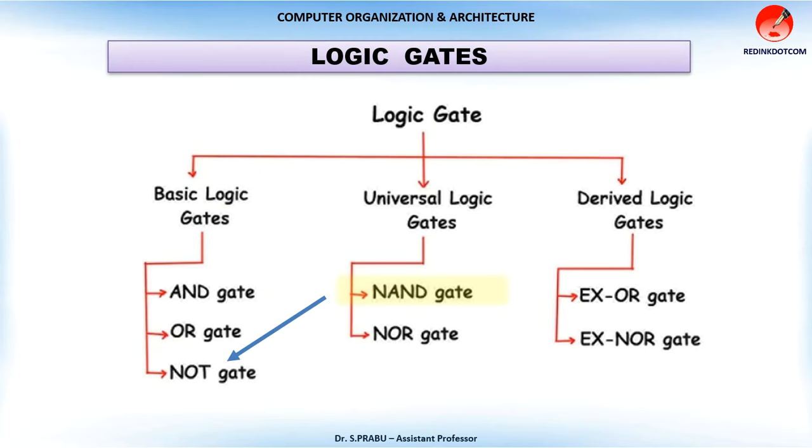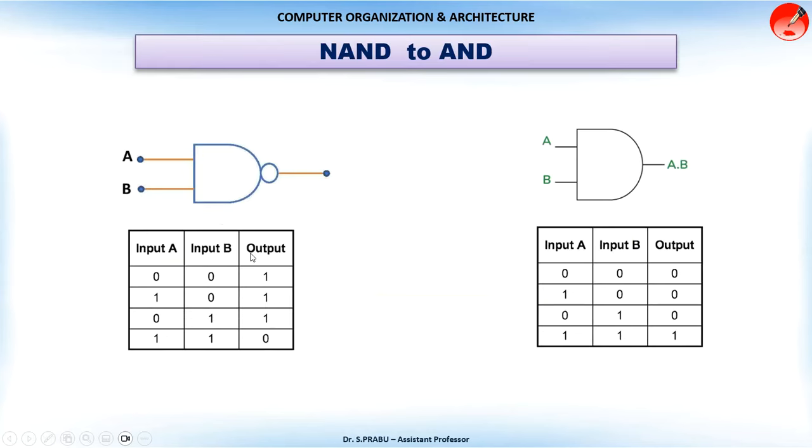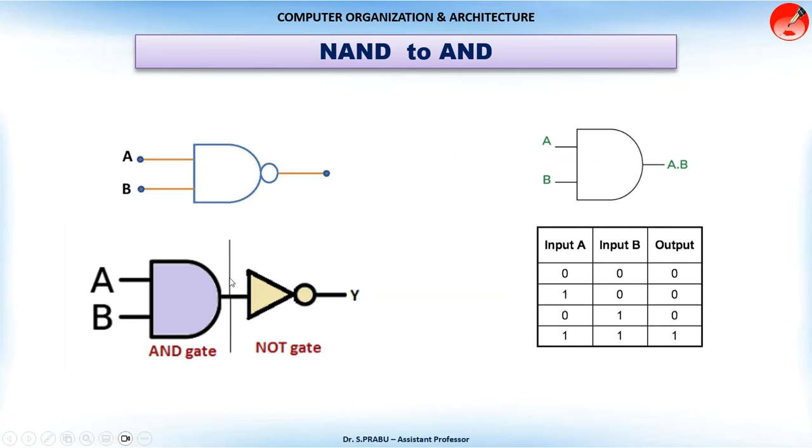Now let's see how the AND gate can be generated from the NAND gate. We already know a NAND gate is nothing but the combination of an AND gate and a NOT gate. If the inputs are A and B, the output at this point is A dot B, and at this point is A dot B whole bar. So this is the actual NAND gate output.